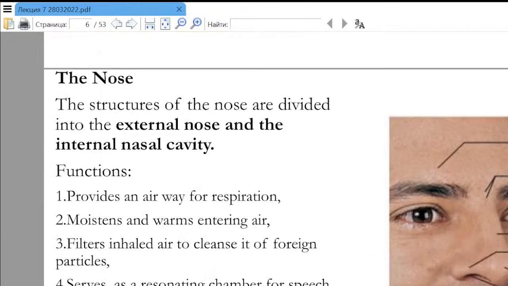The nose. The structure of the nose is divided into the external nose and the internal nasal cavity.